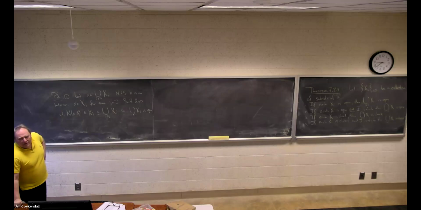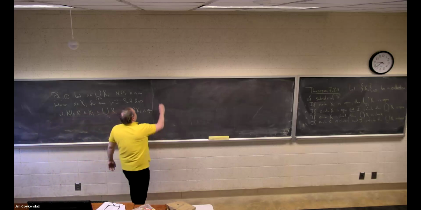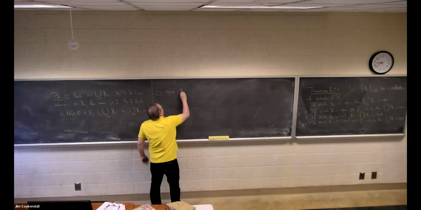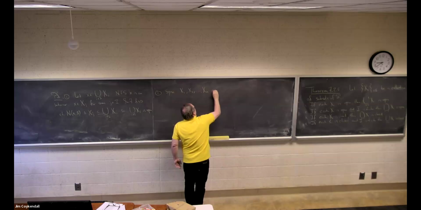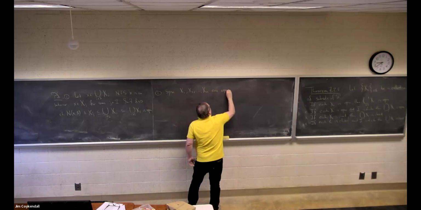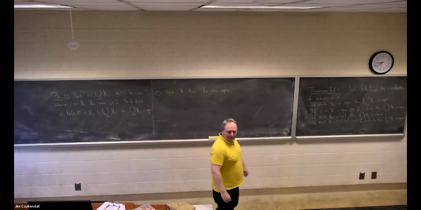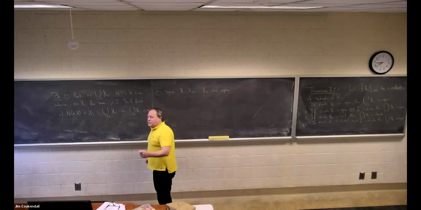Okay, we need to show that a finite intersection is open. So for number two, suppose X1, X2, up to Xn are open. And I think you will see from the proof why we need finiteness.